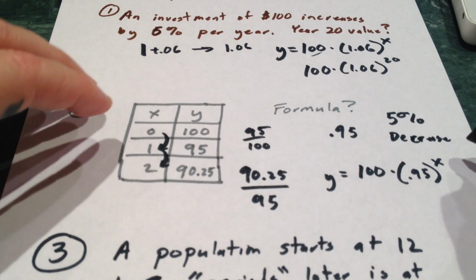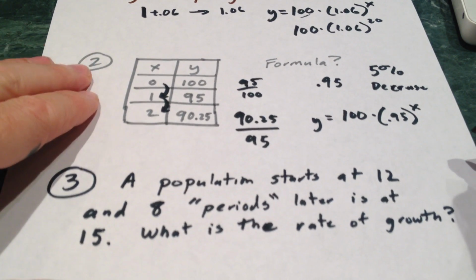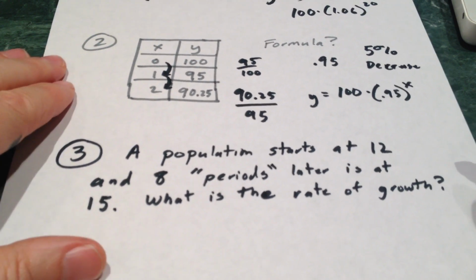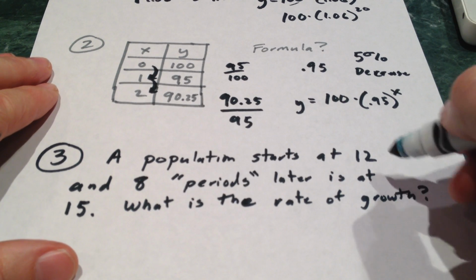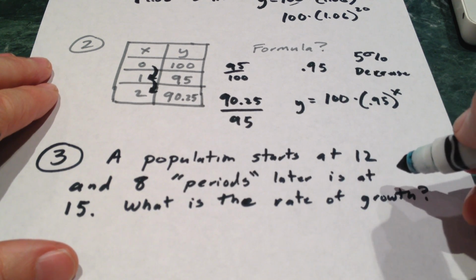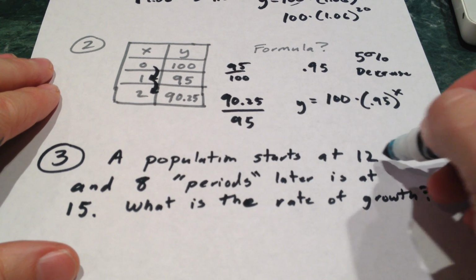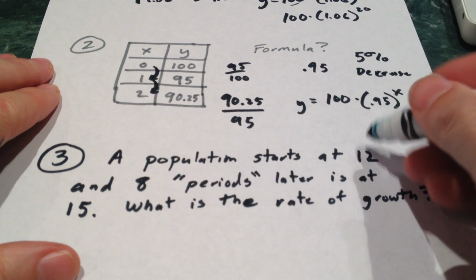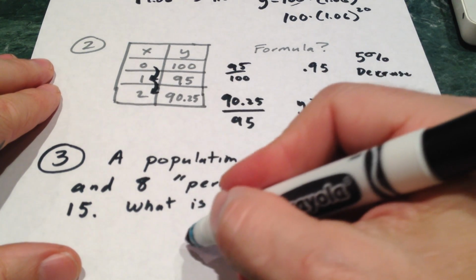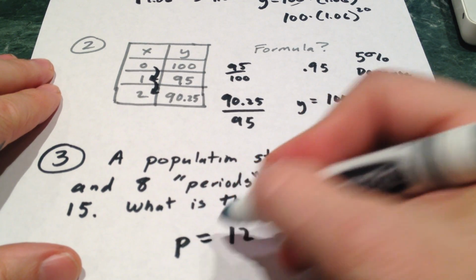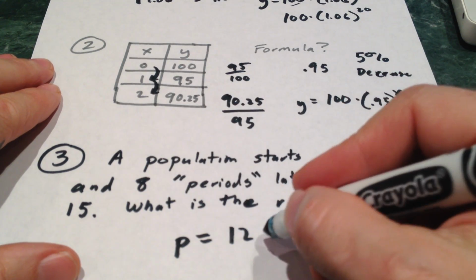All right, and then another kind of problem you might get is one where you actually don't know the rate at all. All you're given is an end point and a beginning point. So in this case, a population starts at 12, so that's my starting point is 12. I'm going to use P instead of Y here. Population is going to be 12 to start with.